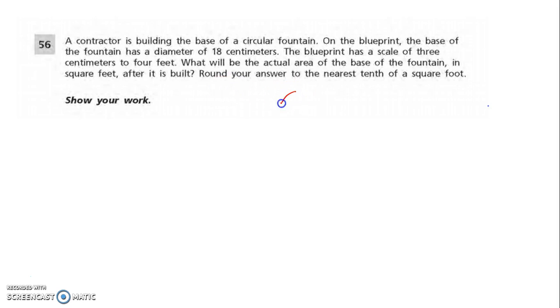Okay. So if I take a look at this, this would be the scale drawing. It's a circular fountain. It tells me the diameter of that circular fountain. If I cut from one side of that circle to the other, passing through the center, the diameter is 18 centimeters.